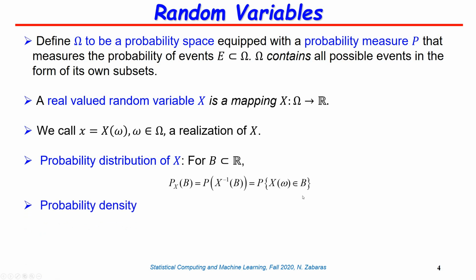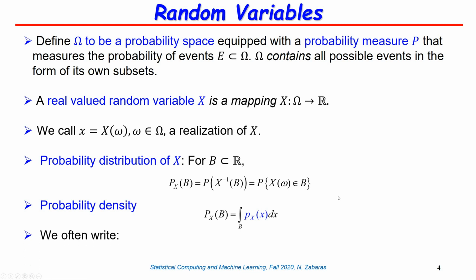So with this probability distribution of X for these intervals B of the real line defined, we introduce the probability density to be p of little x with a subscript capital X, such that when you integrate p of x over the domain B of the real line, you get the probability P of capital B. Okay, so this is the definition of the probability density, and that's all we need to allow us to do the calculations for the lecture today.